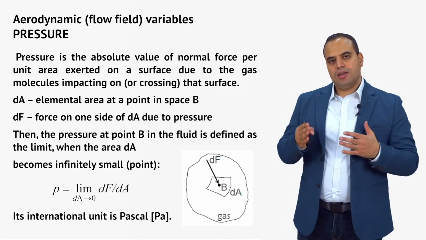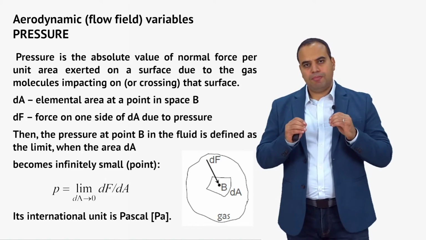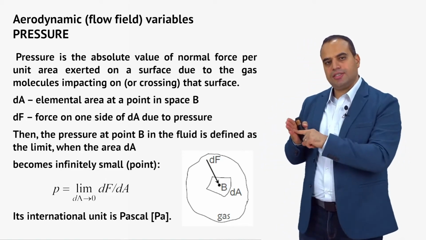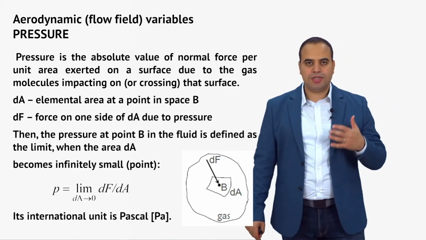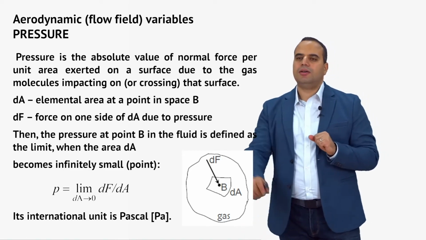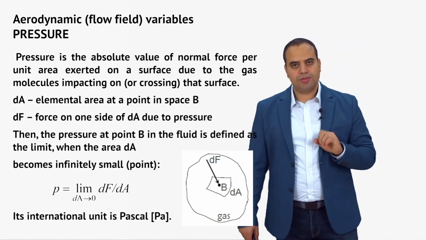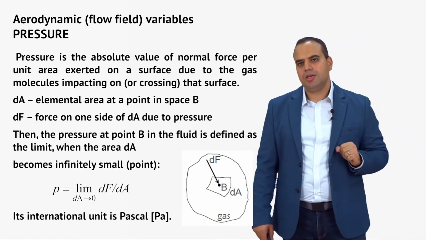It means that any surface is experiencing a pressure from the gas. The gas pushes against any kind of surface and any object placed inside it, right? So it is a basic flow field variable that says quite a lot about the flight principles. We're going to see how it works.